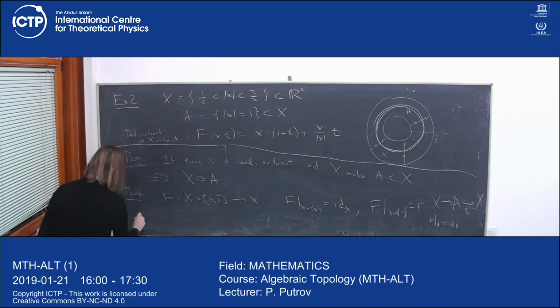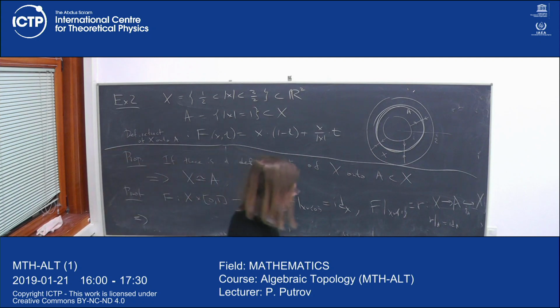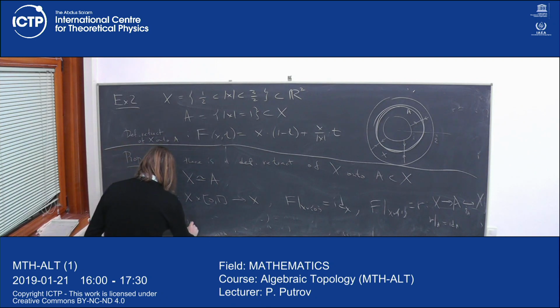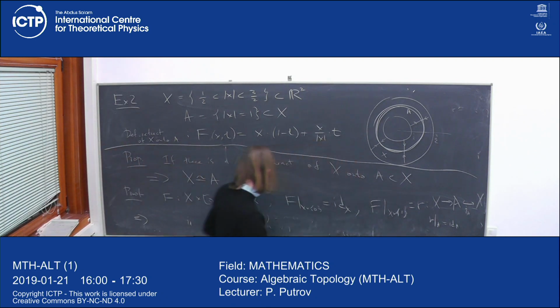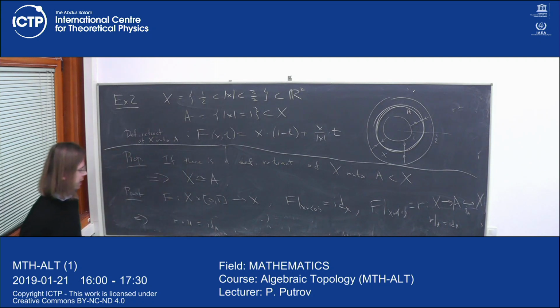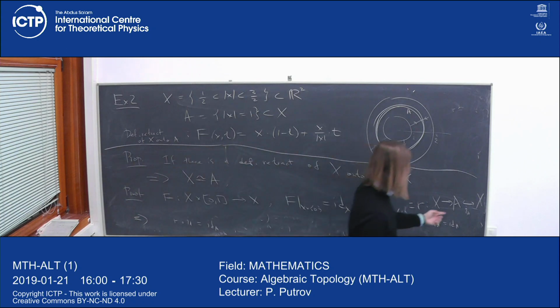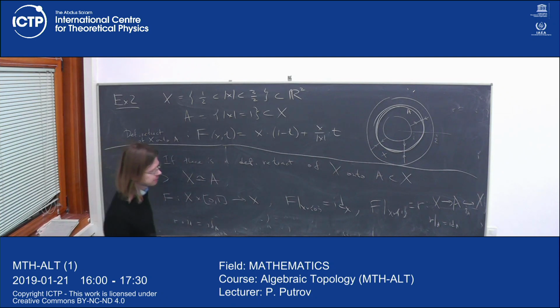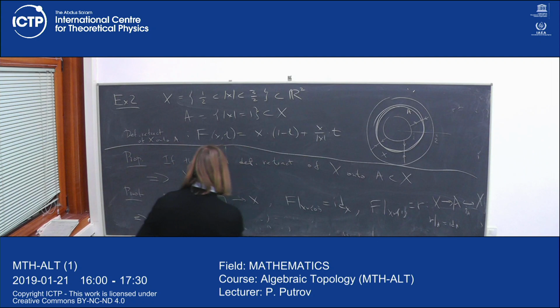So what does this mean? The statement can be reformulated as follows. First, the composition of i_A and R is the identity on A, right? I compose the embedding and then take the map R from X to A. This is the same as the identity. This is basically a formulation of the statement.